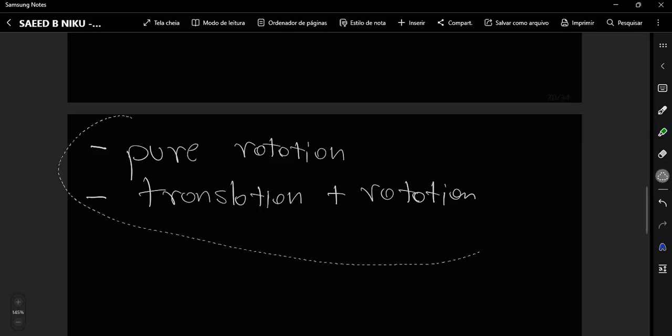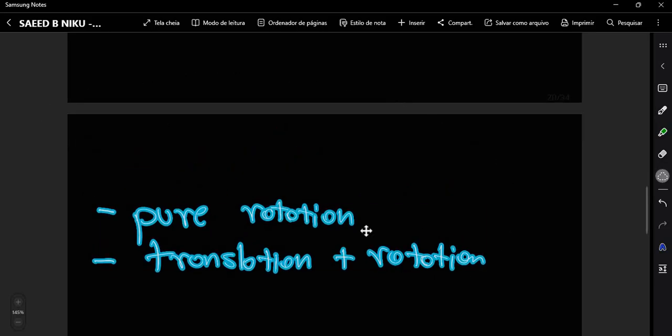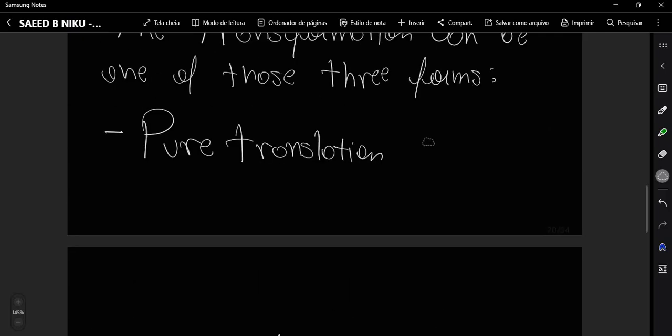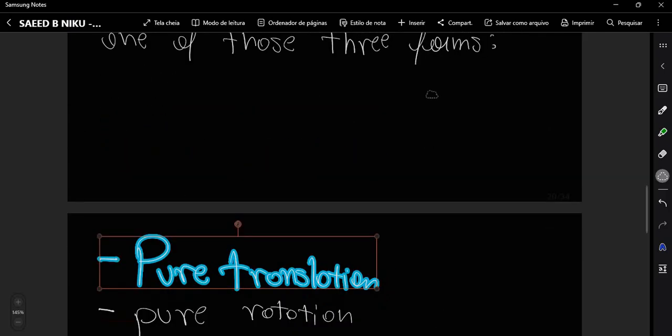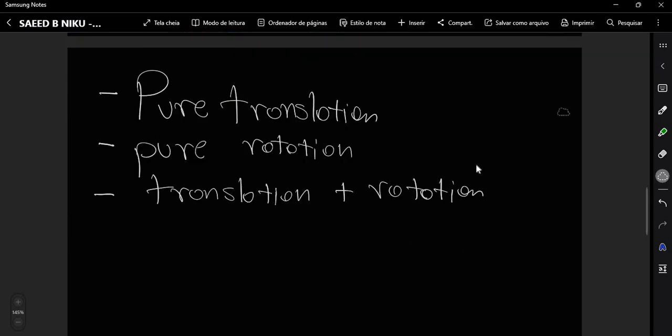So we can have those three transformations. Okay.